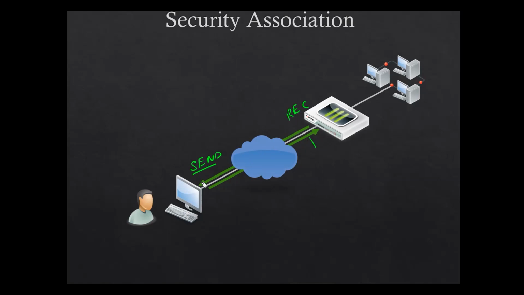From your end, this security association end is for sending traffic. For the FortiGate, this security association end is for receiving the traffic. Let's say this is SA1. Now let's say this is SA2. For the FortiGate, this is send, and over here for you, it is receive.